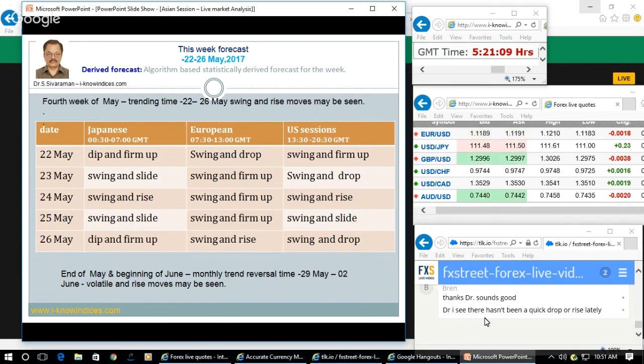Okay, I see there has not been a quick drop or rise lately. Yes, they are not making the quick drop because they are holding high and building sell positions. But if you buy there, you have to wait for a prolonged period to book a nominal profit. They simply hold it and create the bullish feel.